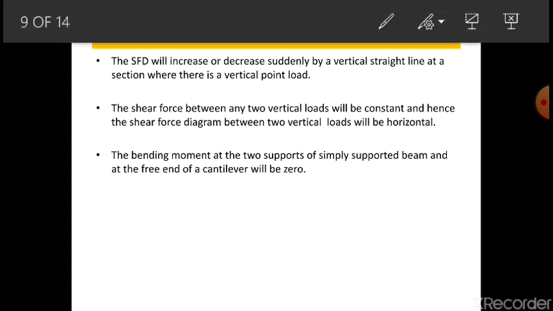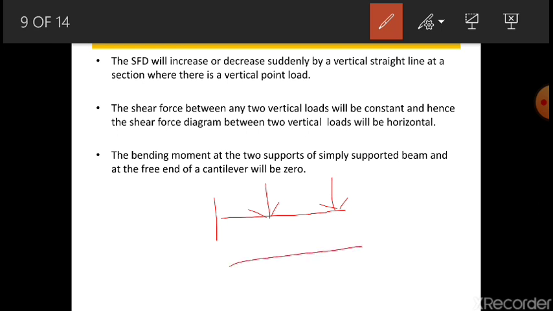For that vertical load, consider this is a beam and it has a vertical load here, like this. So wherever there is a load, this is your baseline. So whenever there is a vertical load, you have to get down like this, or you have to get up like this. Okay, this is how you have to show this.